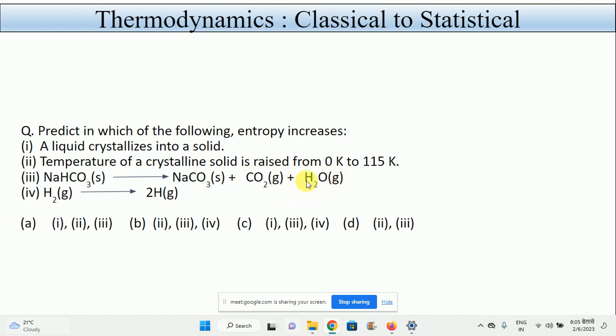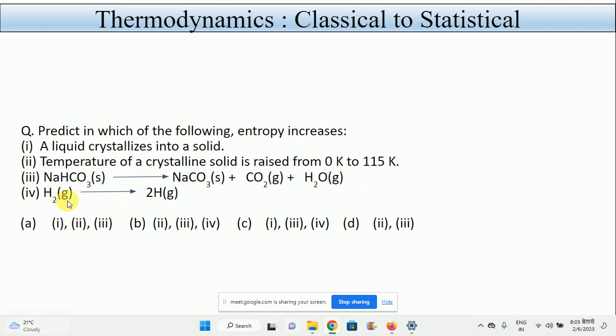So we are going from solid to gas, like there are increased moles of gas. Disorder is increasing here as it is converted into gas. So this is an entropy increase process.